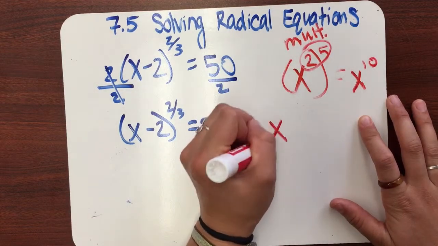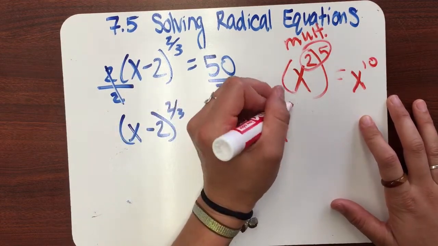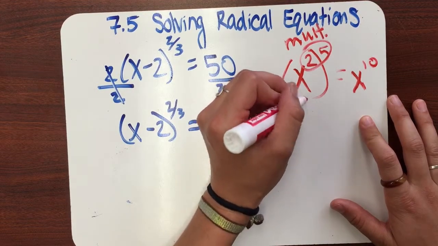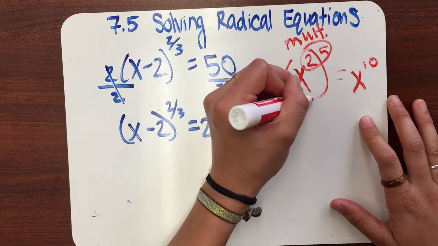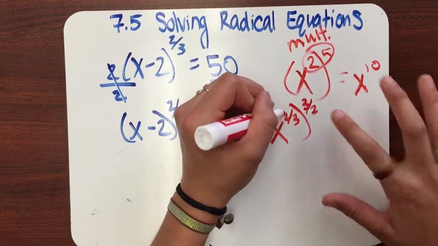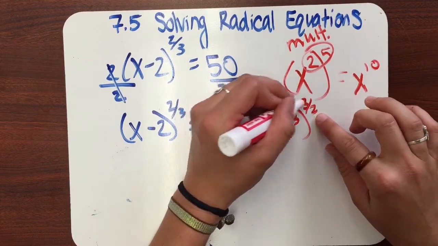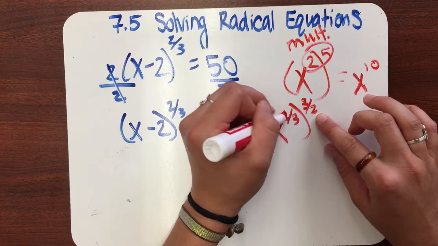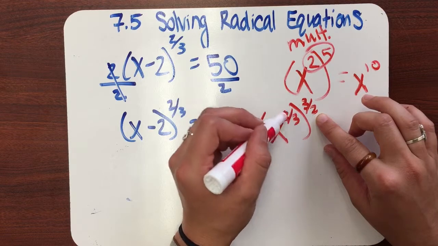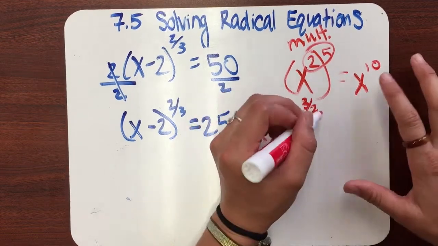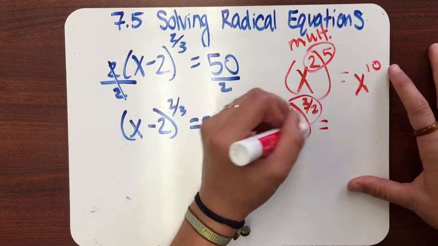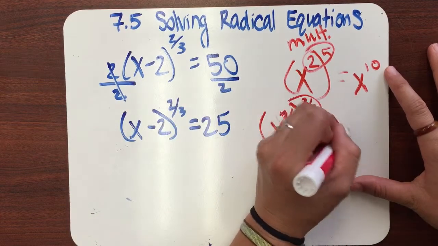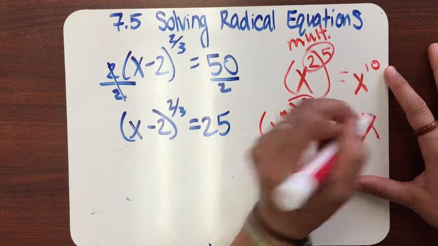If we have something like x to the 2/3, and we take that also to the 3/2, these are reciprocals of each other. Because they're reciprocals, you just flip the numbers. So the reciprocal of 2/3 is 3/2. So again, you multiply them, and whenever you multiply a number times its reciprocal, you always get a 1. So that's just an x.